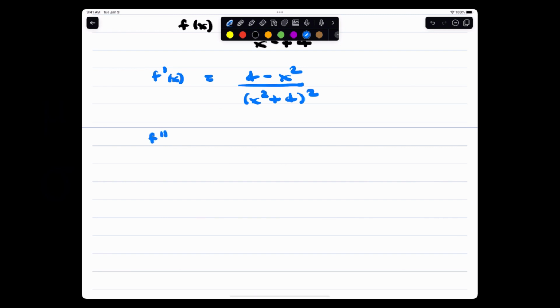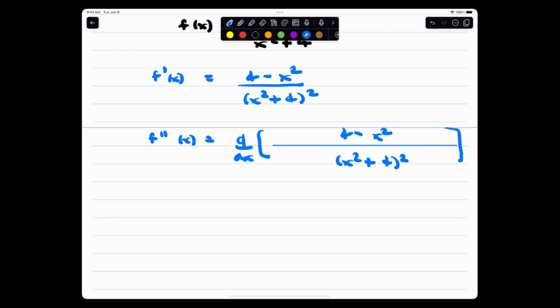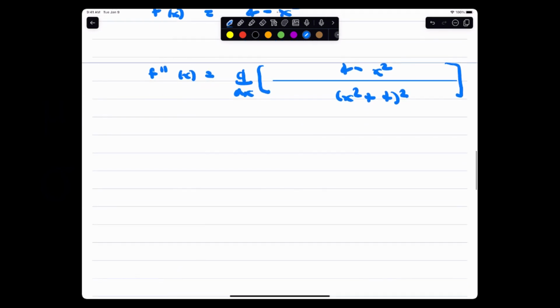So the second derivative will be now the derivative of the first derivative. And your first derivative is a quotient. Is that true? All right, so we're going to have to get the second derivative now.